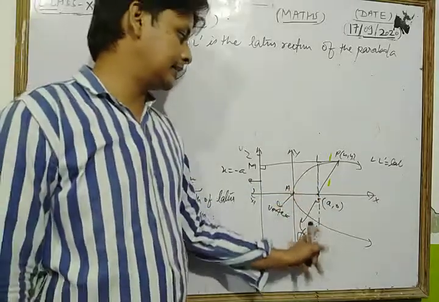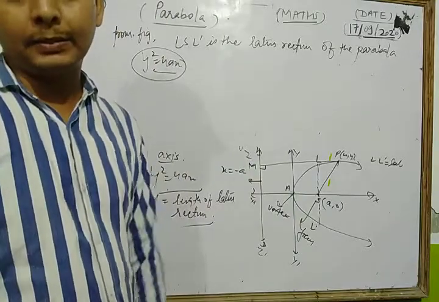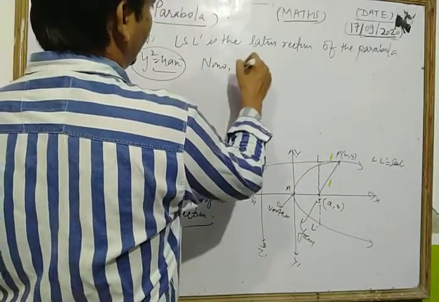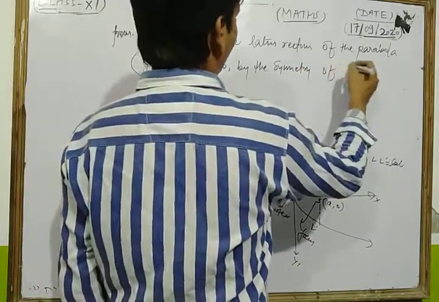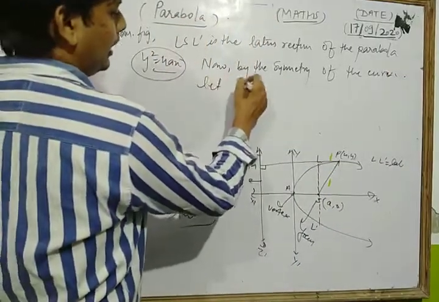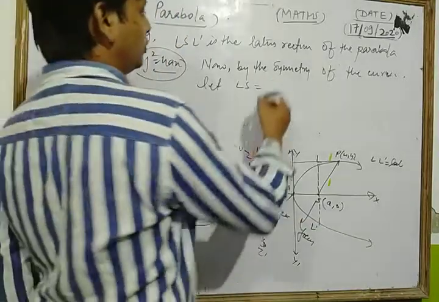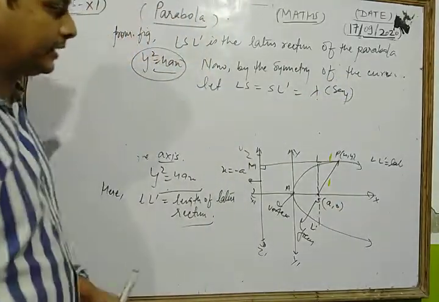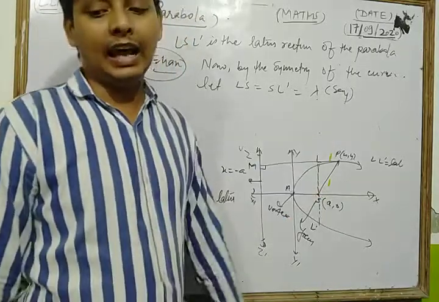By the symmetry of the curve, let LS be equal to SL dash. SL is equal to SL dash, let us take as lambda.